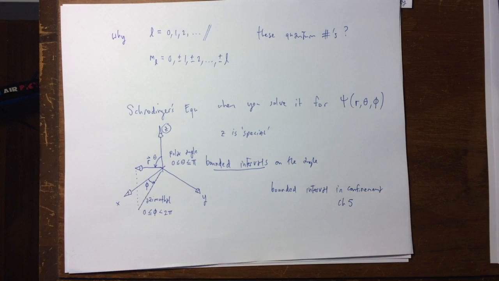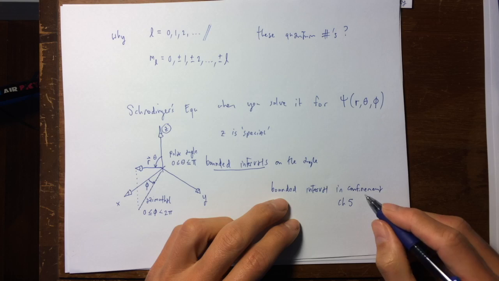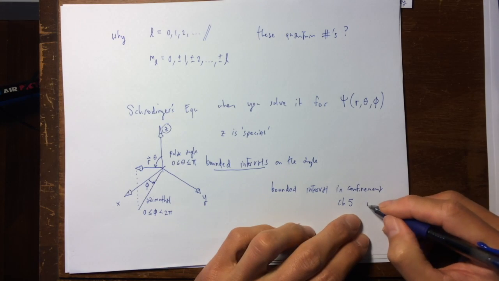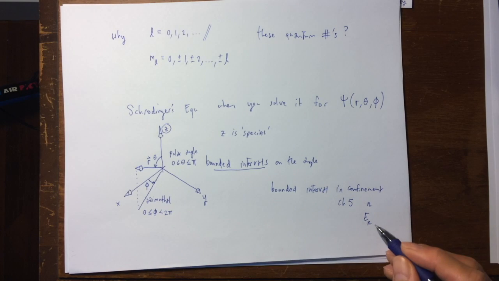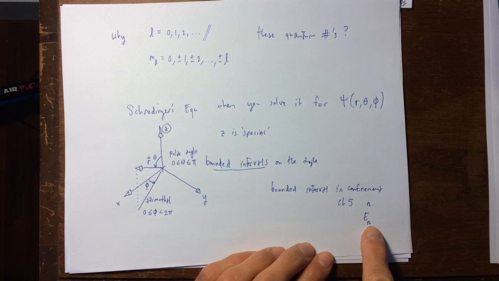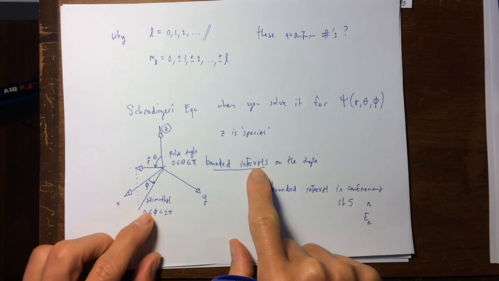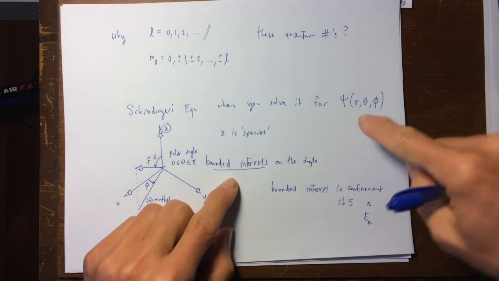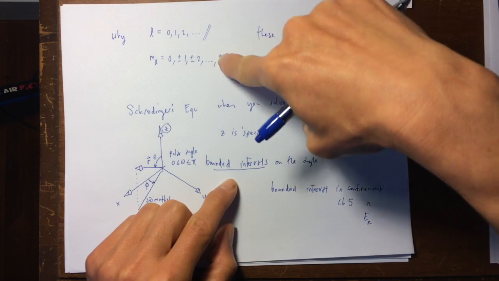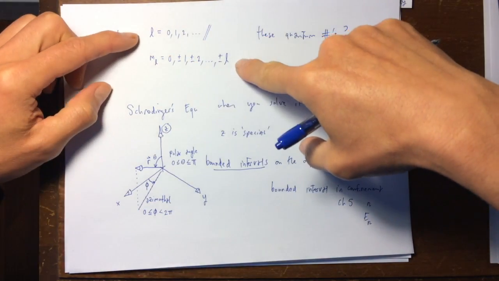This is a subject described in Chapter 5. Bounded intervals in confinement give you a quantum number n and an energy level spectrum, a discrete spectrum. In this case, these bounded intervals in the angles give rise to a discrete spectrum in the associated angular momentum.